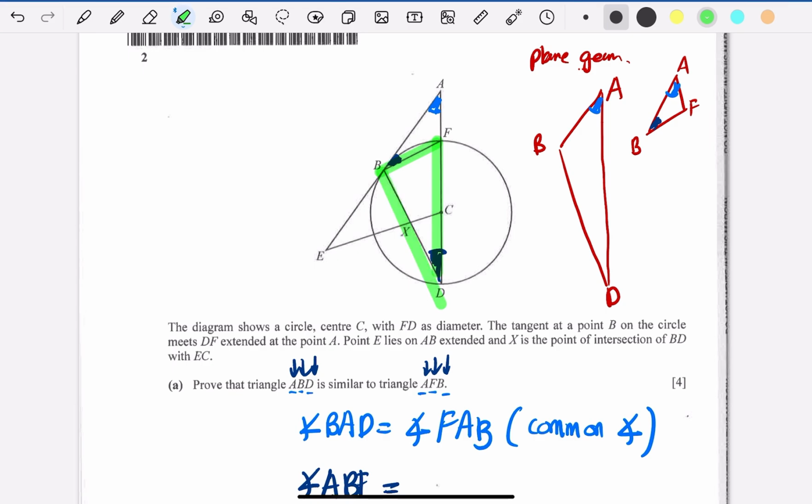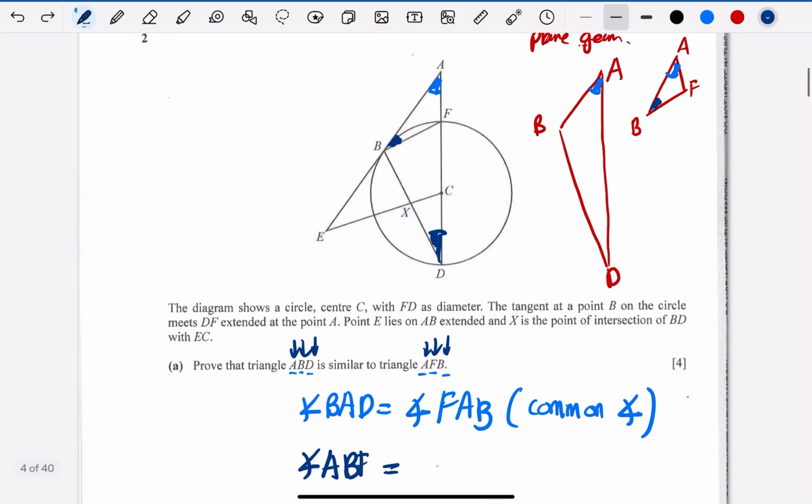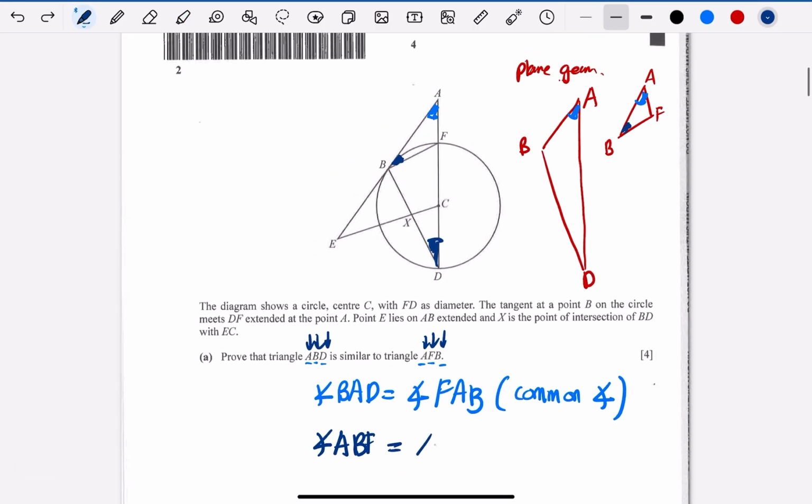following your alternate segment theorem, because you have a triangle and you have a tangent. So we can tell them that angle ABF equals my angle ADB, following the naming again, ABF equals ADB down here. This is because of the alternate segment theorem.